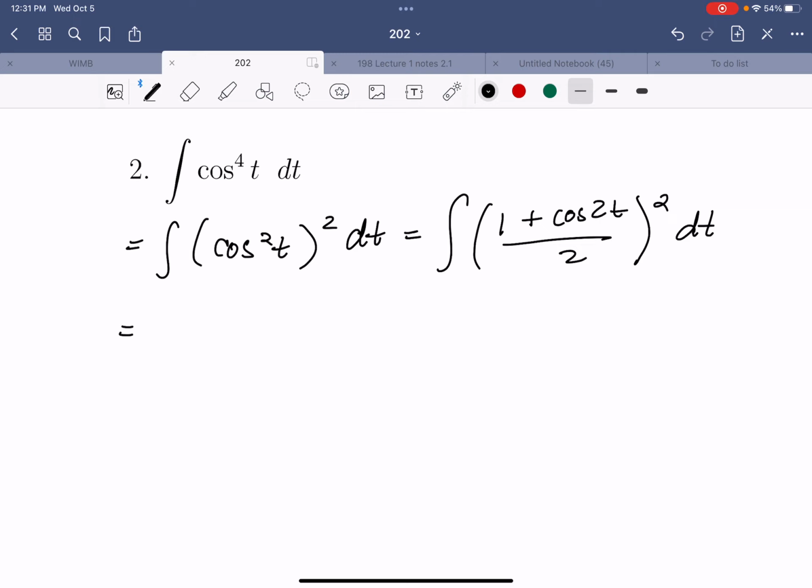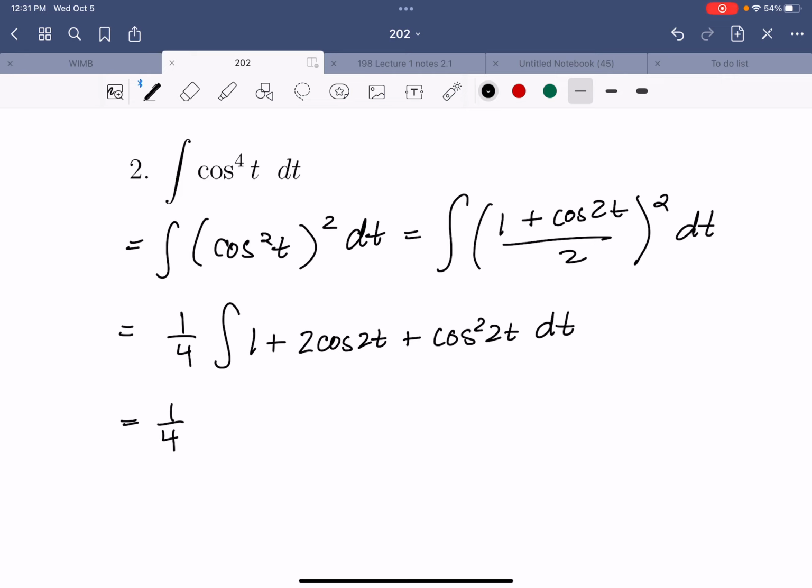So then I'm going to go ahead and square it. So there's a 2 on the bottom. That's going to pop out as a 1/4 because you have to square it. And then when you square the numerator, you have 1 plus 2 cosine of 2t plus cosine squared 2t dt.